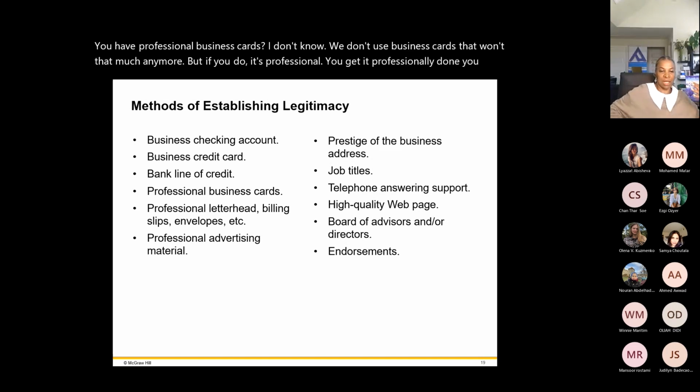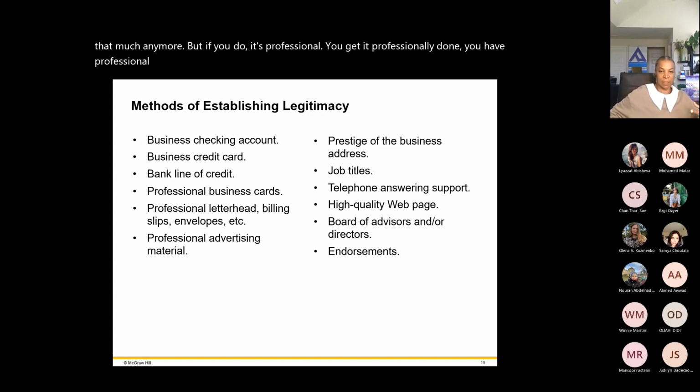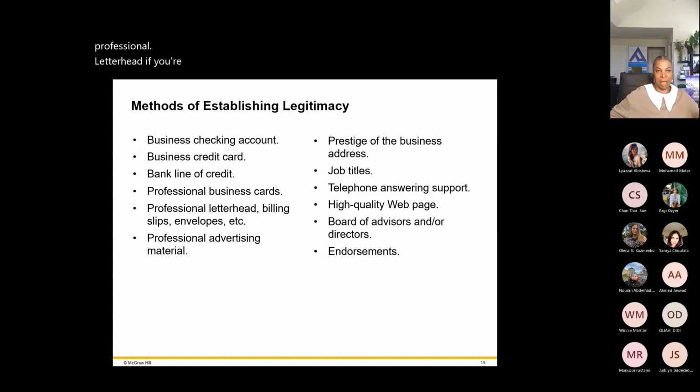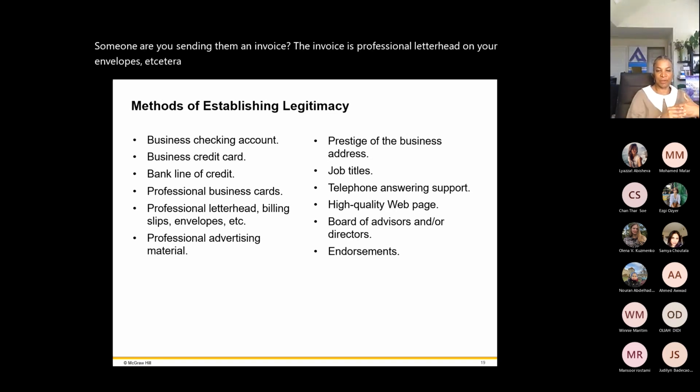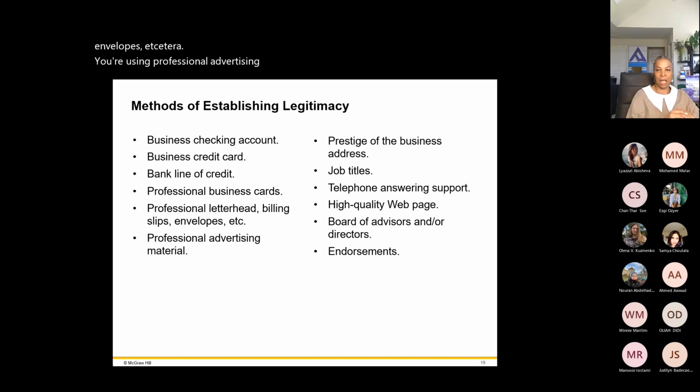You have professional correspondence, such as if you're writing a letter, it's on a professional letterhead. If you're billing someone and you're sending them an invoice, the invoice has professional letterhead on it, your envelopes, etc. You're using professional advertising materials.